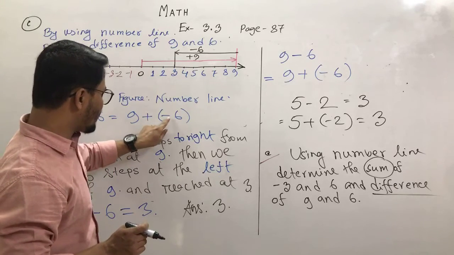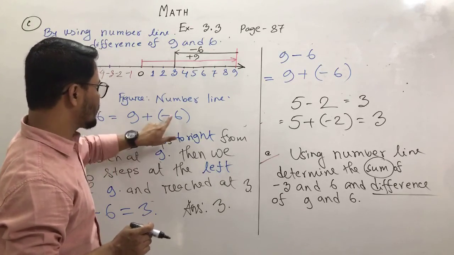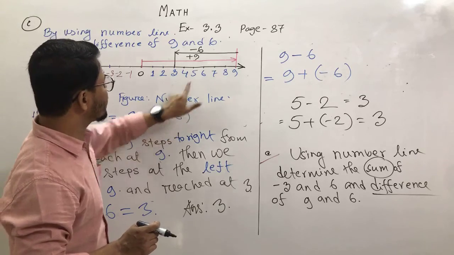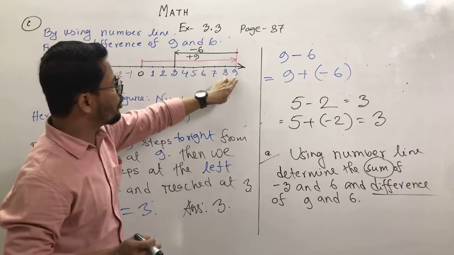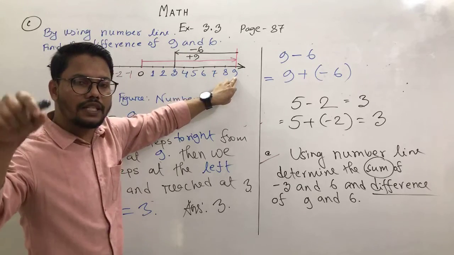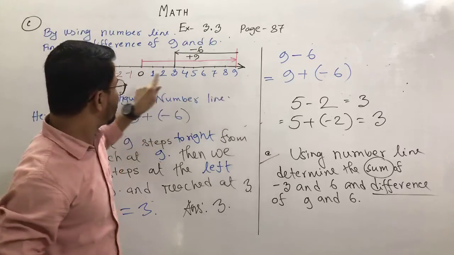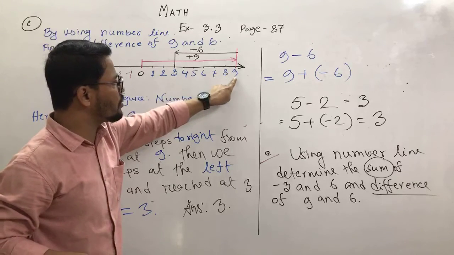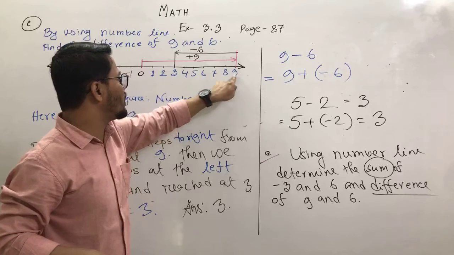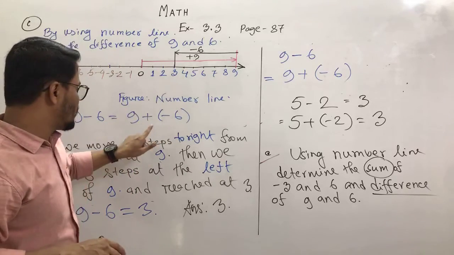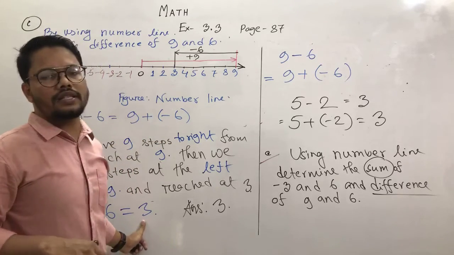Then we add minus 6. This minus 6 indicates 6 steps to the left from where the first line is completed. So the first arrow completes at 9, and the second starts from 9 and completes at 3. That's why our final answer is 3.